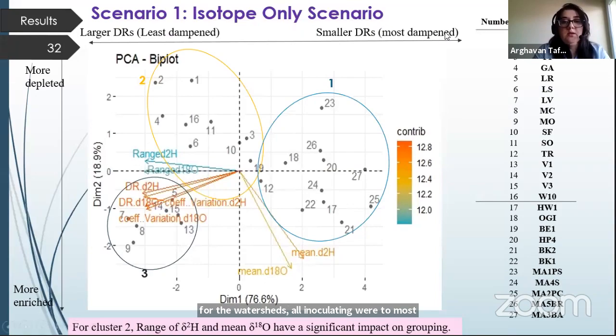Along the horizontal axis, on the right side, we have the most damped stations, which are related to Muskoka, and on the left side, we can see the least damped stations. From up to down, on the upper part, we have stations with more depleted values, and on the bottom, we have stations with more enriched values.